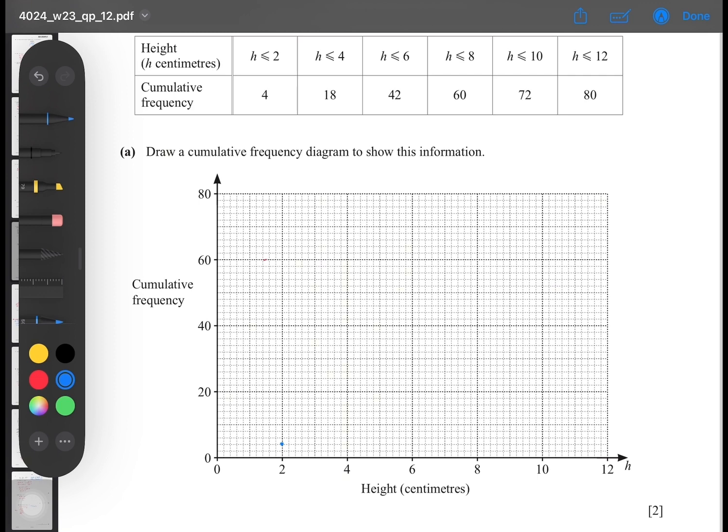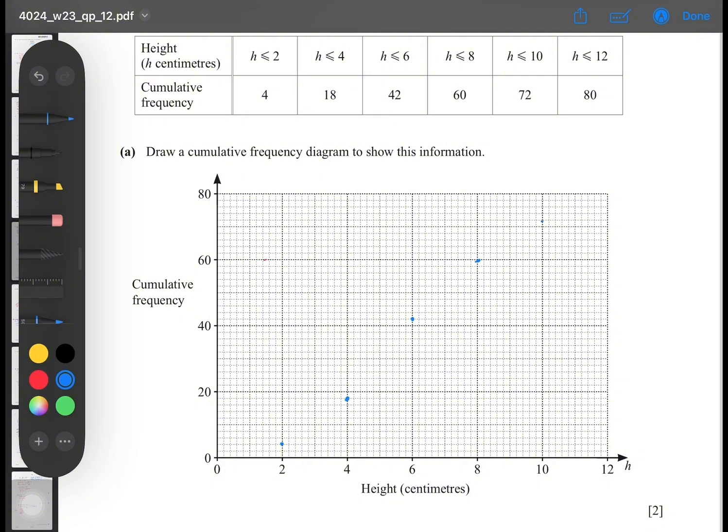So on height 4, it will be 18. So this is the second point. And for the third point, that is height less than 6, the point is 42. This is the third point. And on height 8, this is 60. So this is the fourth point. And for height less than 10, the point is 72.